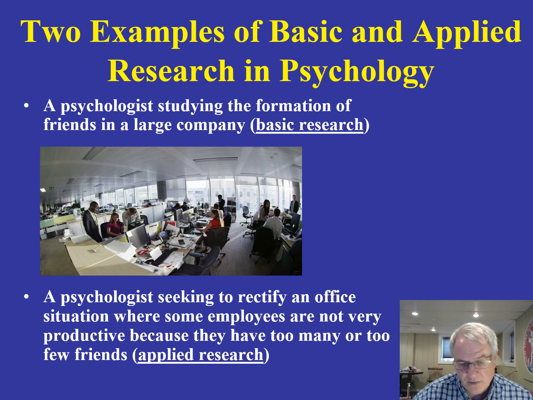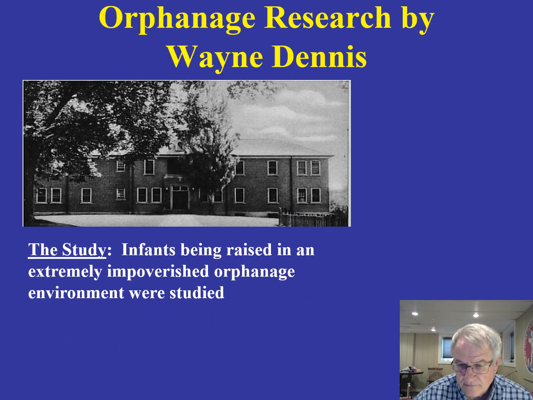So again, that's a person that's interested in applied research. So again, note the distinction between the two, and that's an important distinction in the field of psychology that you will notice more and more as you go along and you read, and we have more lectures in this particular field.